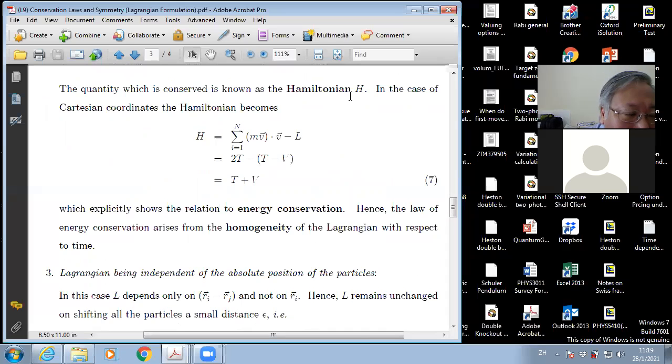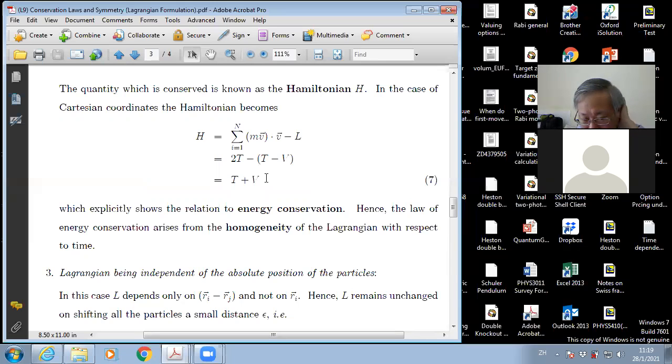In the case of Cartesian coordinates, the Hamiltonian becomes a very familiar quantity, the total energy of the system, including both kinetic energy and potential energy, all right?